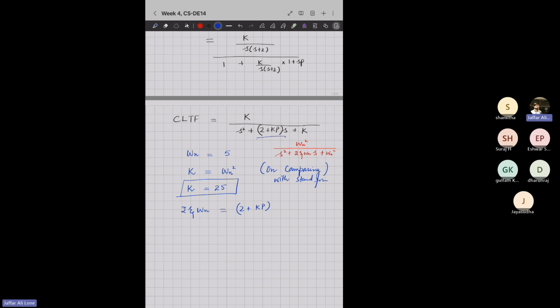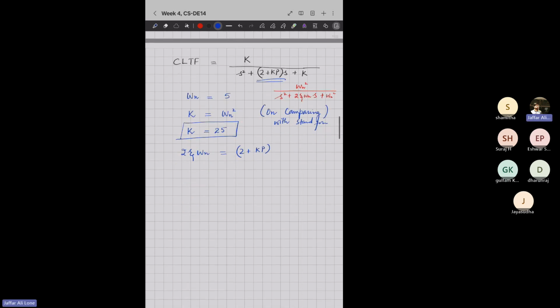Now I know my zeta is given as 0.7 and omega n is given as 5. 2 plus 25 into P. If you solve it, we will get 5, 10. Solve it and tell me, we'll get P as 0.2. So very simple question.